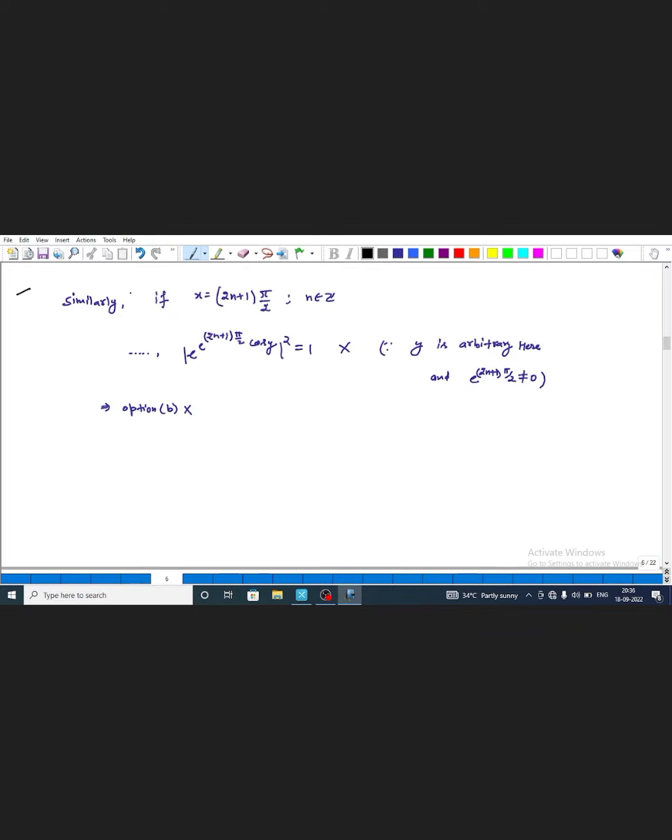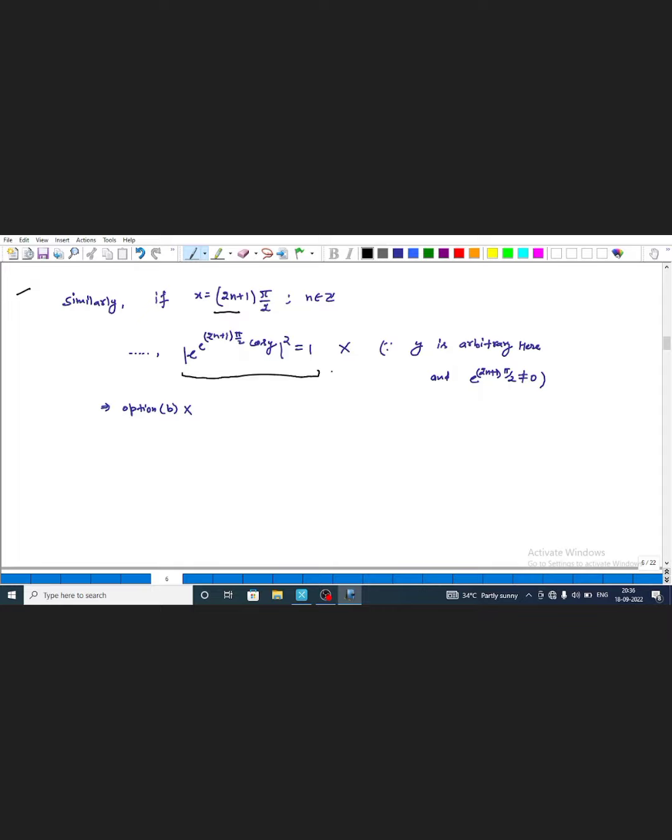Now come to option B. In option B, we are given that x is equal to (2n+1)π/2 for some integer n. If we put x equal to (2n+1)π/2 as in the previous case, on the same line we have the square of the modulus of e^((2n+1)π/2) cos y.